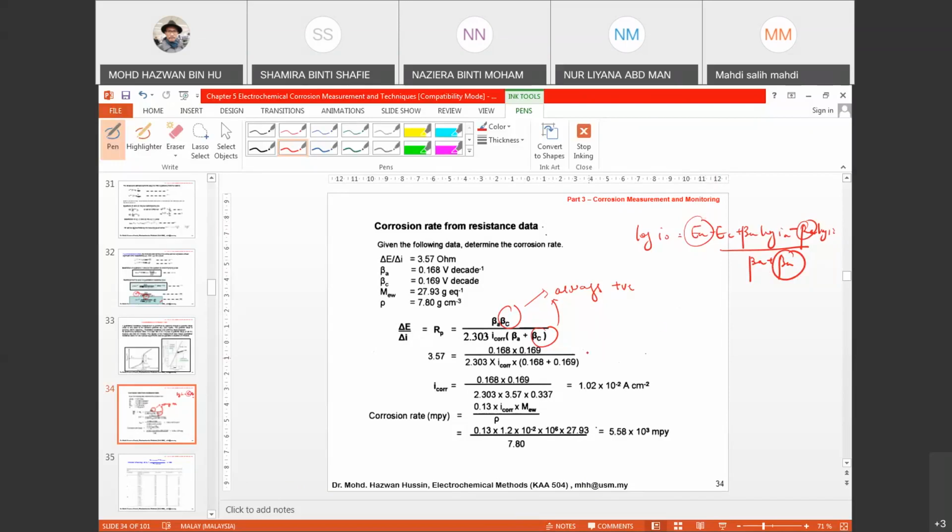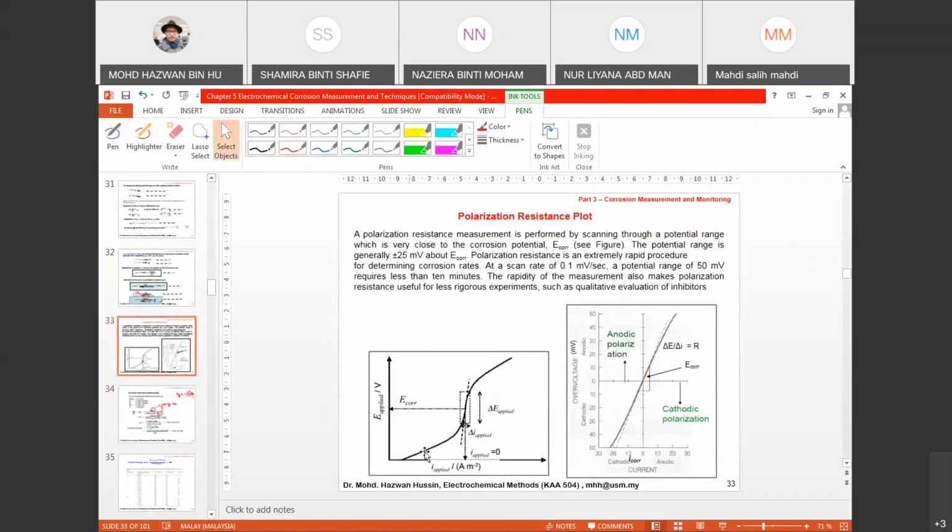But for this one, the beta C value is always going to be positive, because if you notice, the linear polarization plot is always positive. You get a positive linear slope for anodic, and a positive linear slope also for cathodic.